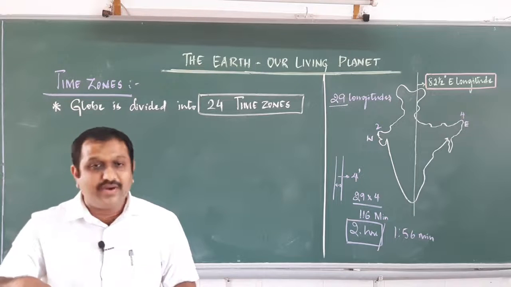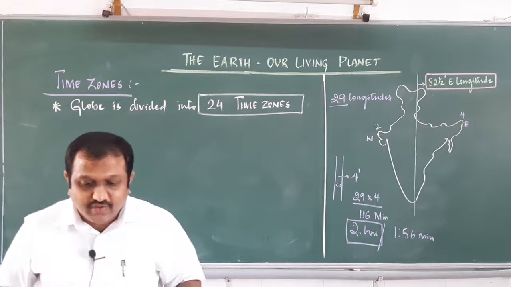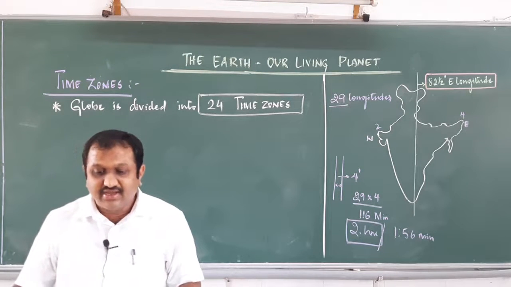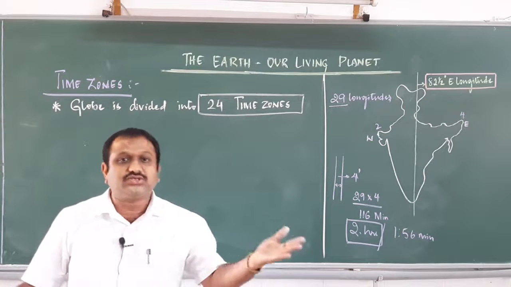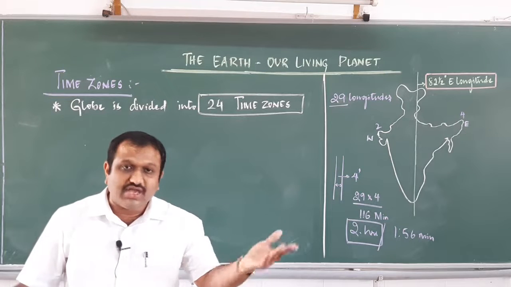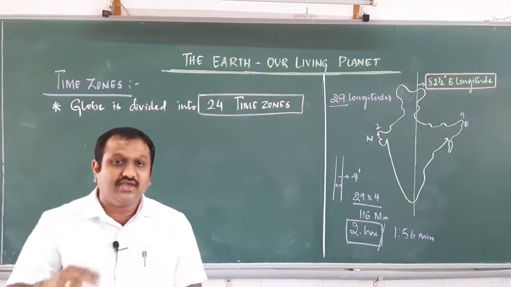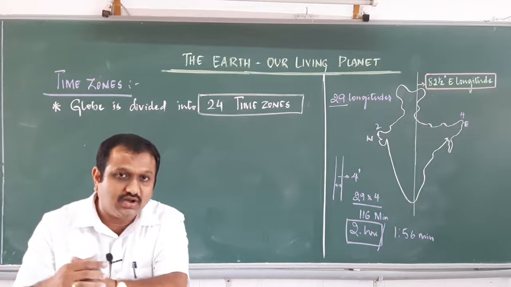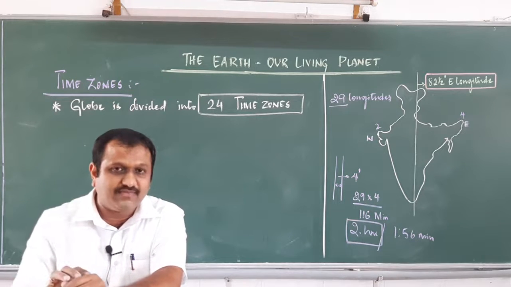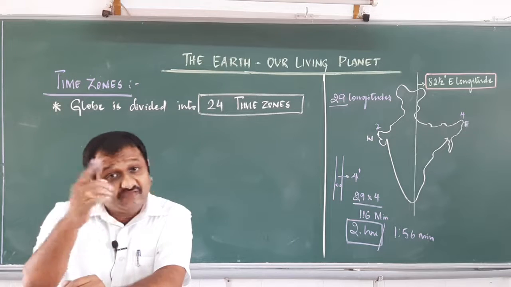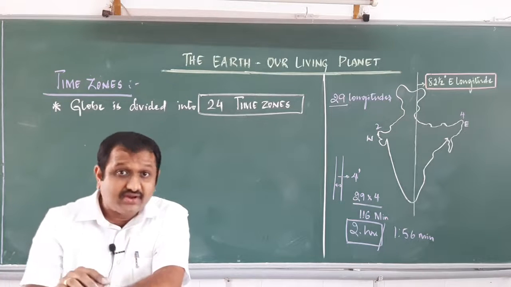The whole globe, as I told you, is divided into 24 time zones. Coming back to your longitudinal concept, from one longitude to another there is a 4 minutes gap, which I have told you. 15 degree is equal to 1 hour gap.